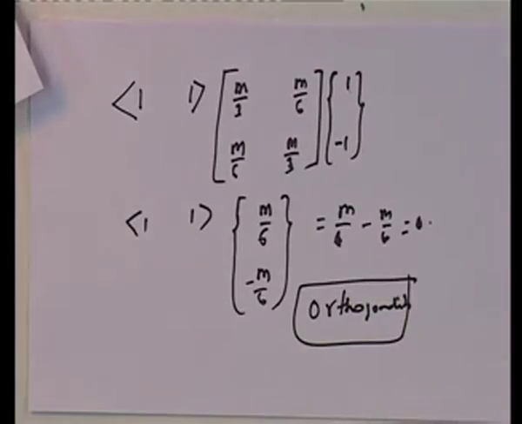Now, remember I told you that if I use orthonormal mode shapes, you will get... By the way, I did not do the stiffness orthogonality, so let me do it. What is the stiffness matrix in this particular case?